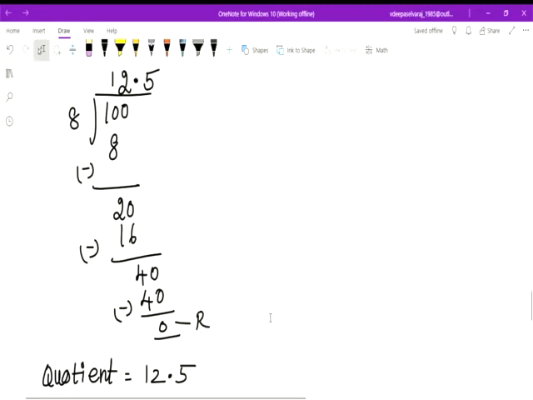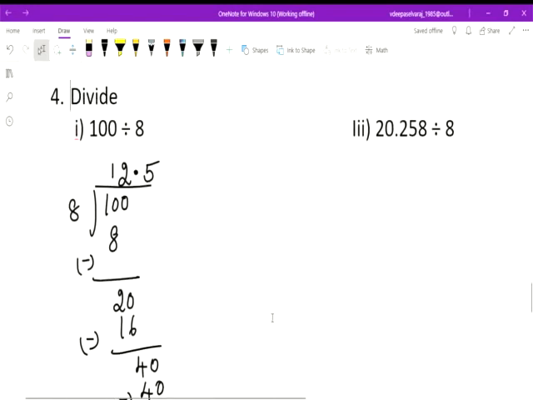And see the next question, children. 20.258 divided by 8. Okay.